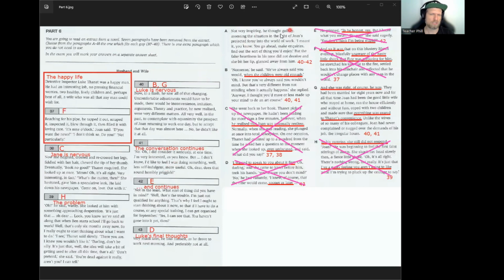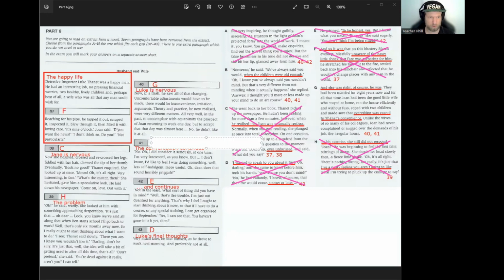Not very inspiring, he thought. I think A doesn't make sense here either. I think A is the one that we don't even need. Like I really like B and G in these two. I would say A, out. And I think I like B in 41 a little bit more, because we get more of the thoughts first, and then it continues the conversation like in B. So I think I will decide here and go for G and B in 41.